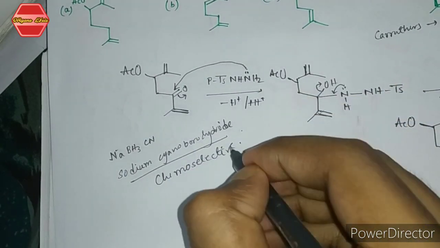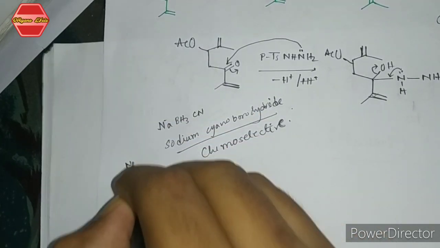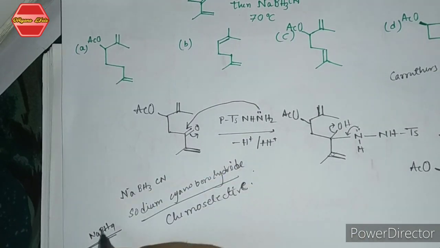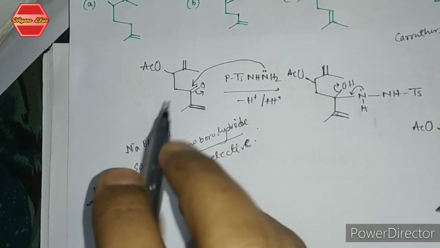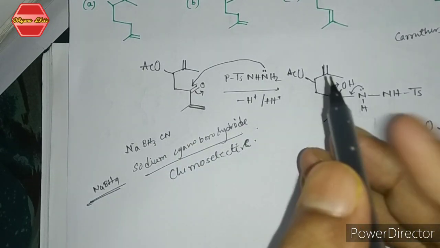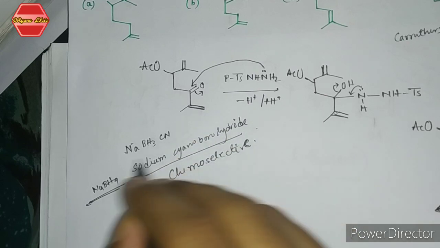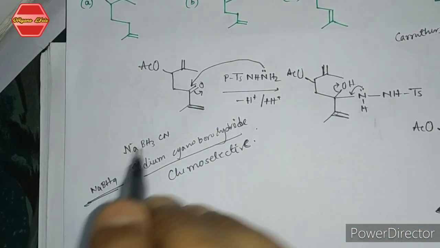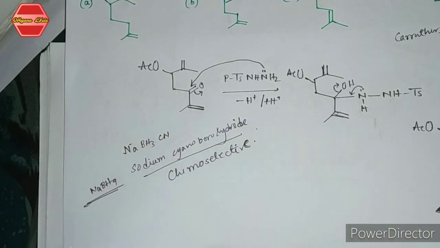Now see, you all know the reagent sodium borohydride. Here one hydride is replaced by a cyanide group, which is very much electron withdrawing in nature. So that is why this reagent is very much chemoselective, and its reactivity is much lower compared to sodium borohydride.